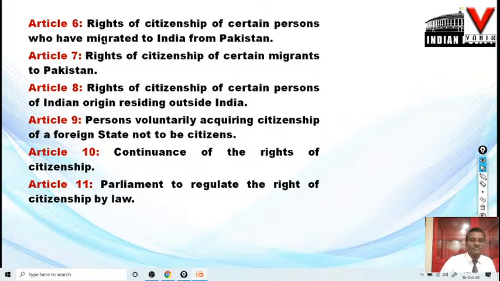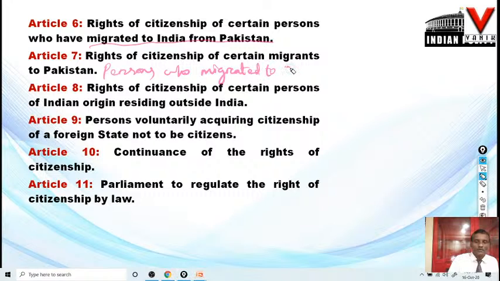Right to citizenship of certain persons who have migrated to India from Pakistan. Also persons who migrated to Pakistan but returned to India.